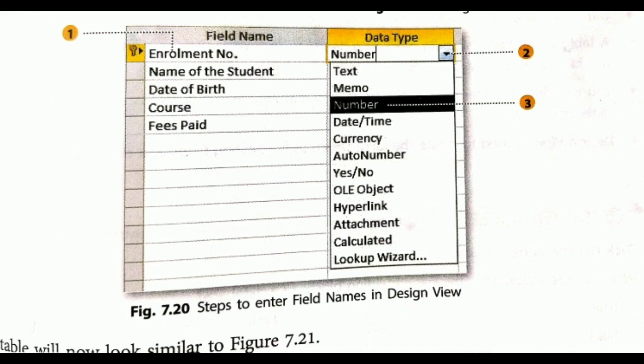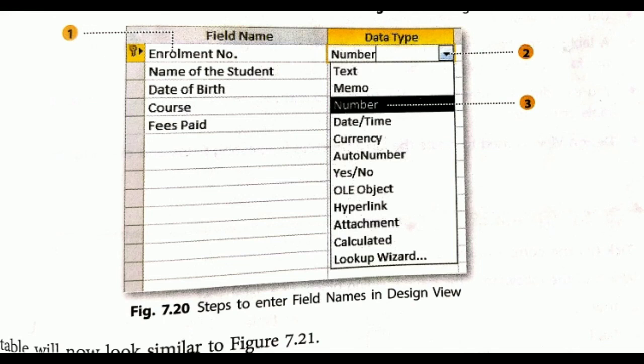In the data type column, you first click in the data type column of the field, and the default data type will appear. For example, the first field given is enrollment number, and the data type given is number. We know that the default data type for enrollment number is number.